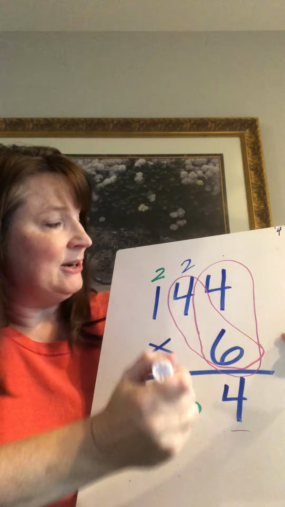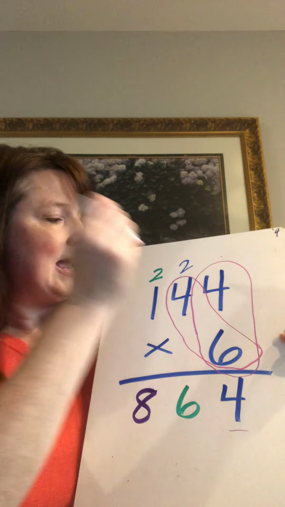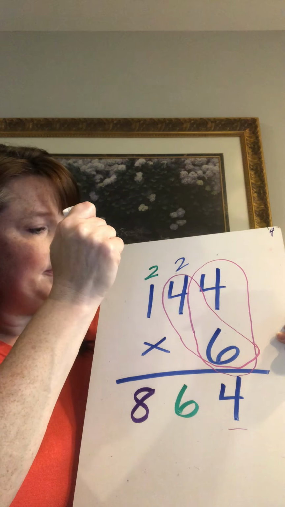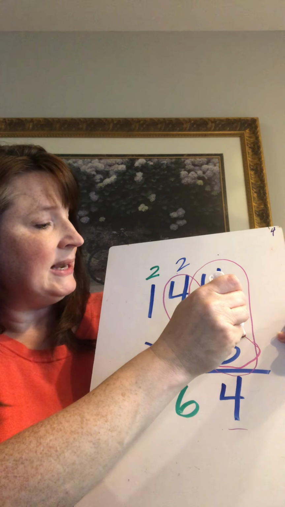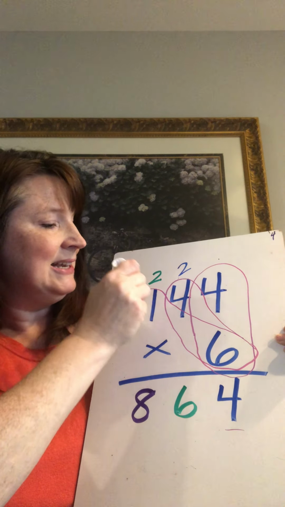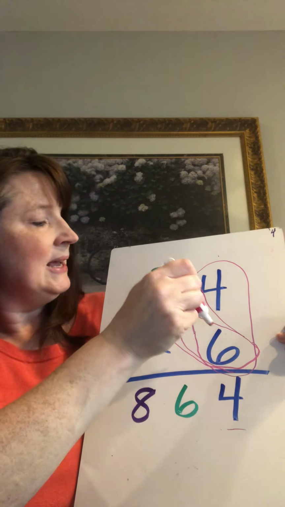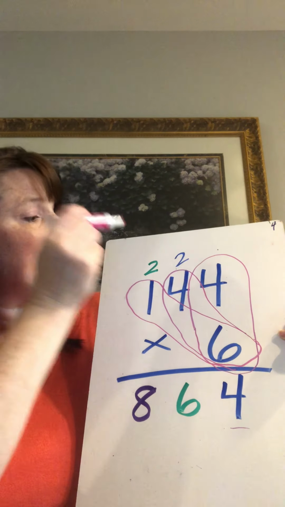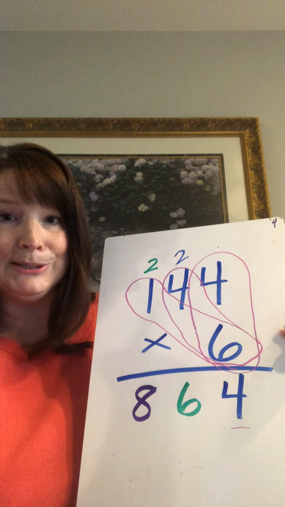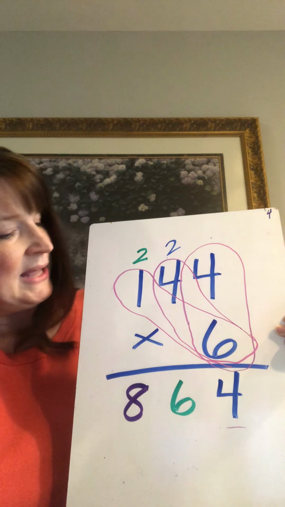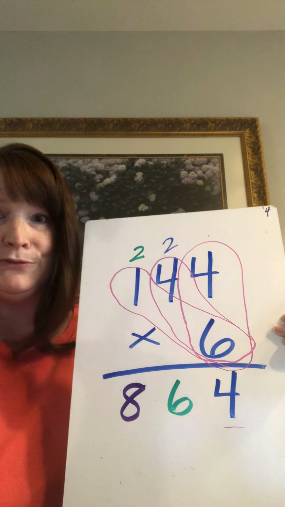I can write the 6 here, but then the 2 I have to carry over to the hundreds column. And so now I'm really doing 6 times 1. And 6 times 1 is 6, of course, but then we have to add these 2 in. So 6 plus 2 is 8. So that is how we get 864.